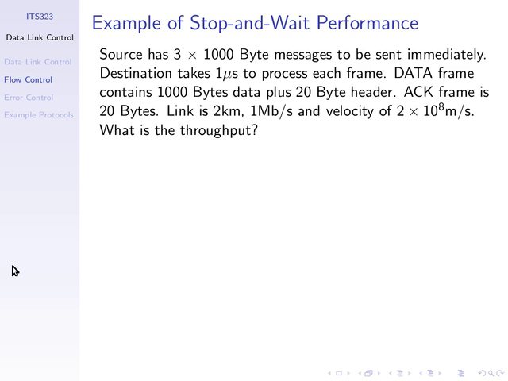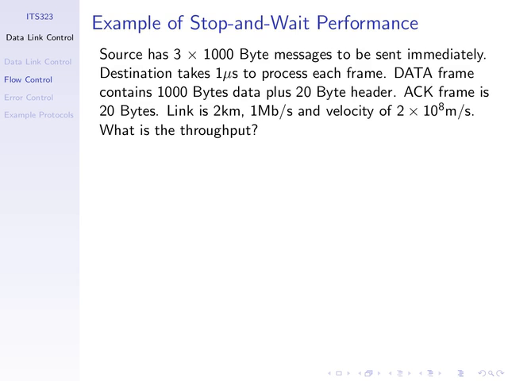So, solve this problem. From the operation of the stop and wait, we can calculate the timing of all the events. How long does it take to transmit, to propagate, to process, and so on? So here's a scenario.